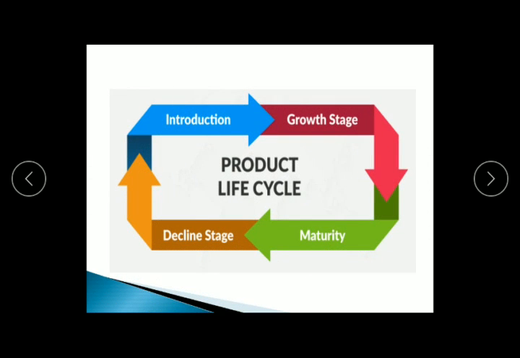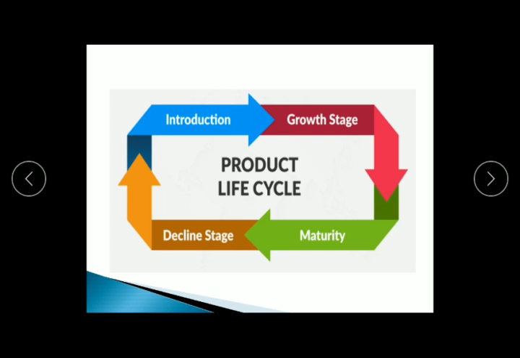That means a new product is launched in the market, then that product goes into the growth stage. After growth, the majority of customers are using that product, so that is the maturity stage. And after one limit, that product gets outdated, or if you don't upgrade the product, then you have to face the declination of the product.